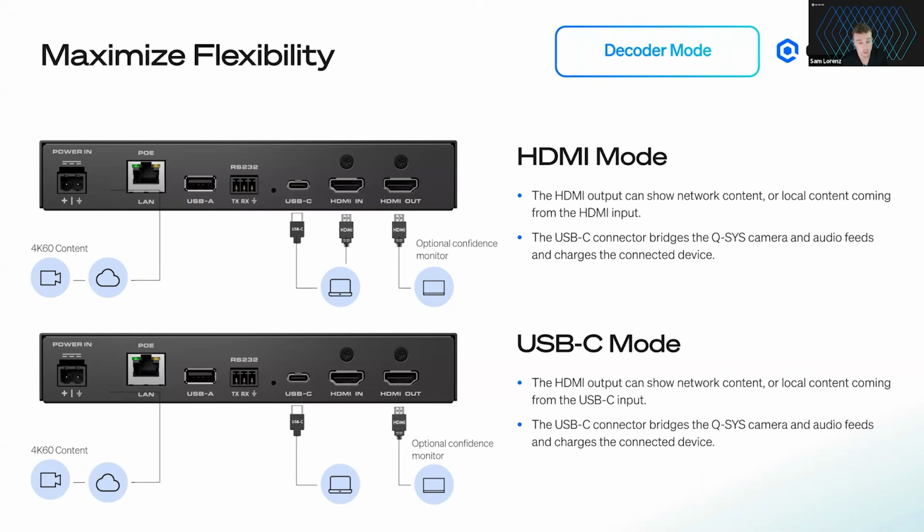That USB-C in decoder mode can still be a bridge, whether it's for a laptop or for a conferencing compute. So you could maybe have this NV21 decoding a video signal into a Teams device for that content ingest, and then also use that USB-C as your USB bridging to get the camera and mics that are in the space into your conferencing system as well.